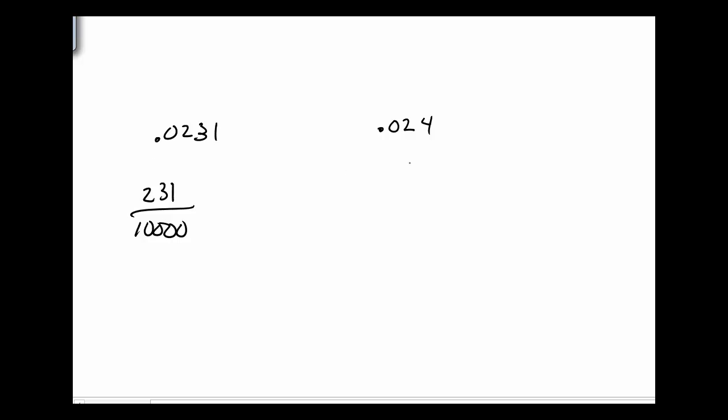And I just need the one on the right to also translate into something over 10,000. Right now it's 24 over 1,000. So if I add another 0 here and another 0 there, I can see that I'm comparing 231 to 240, and clearly that one is less. So that's the technique that we need to show students: convert to the same denominator and then compare the numerators to decide whether something's bigger or smaller.